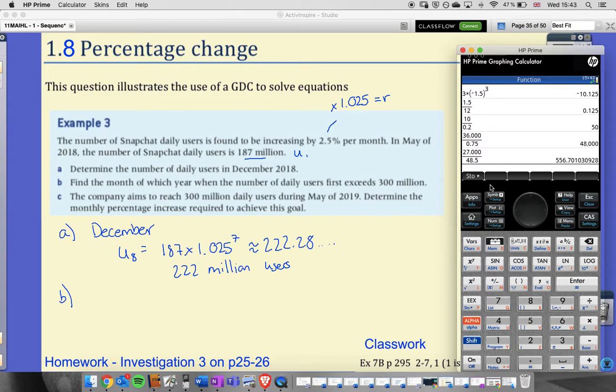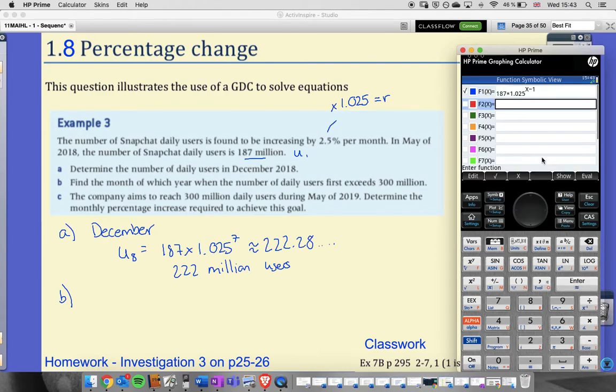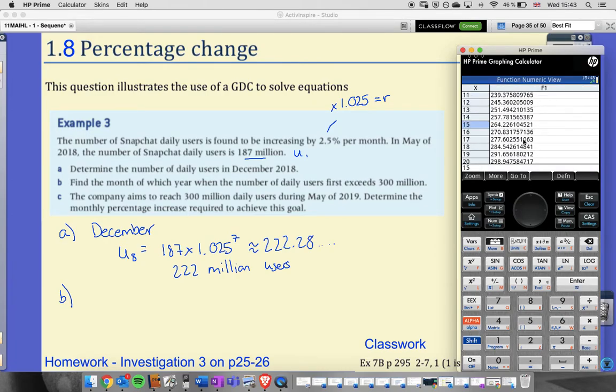And I'm going to do that by entering our nth term as my function. So U1 times R to the power of n minus 1. And I'm going to look at my table function, and we're looking at 300 million. So it's happening around here.